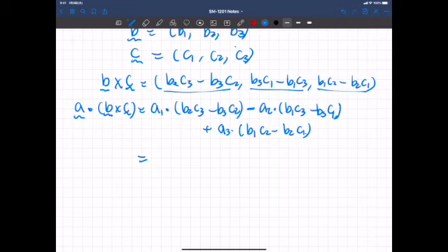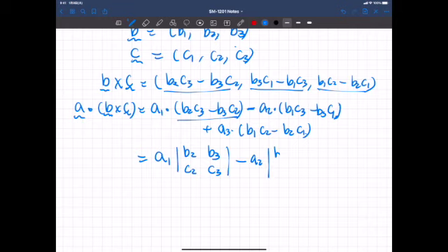Then if you look closely, you should notice that this is the determinant of B2, B3, C2, C3, and minus A2 times the determinant of B1, B3, C1, C3, and plus A3 times the determinant of B1, B2, C1, C2.